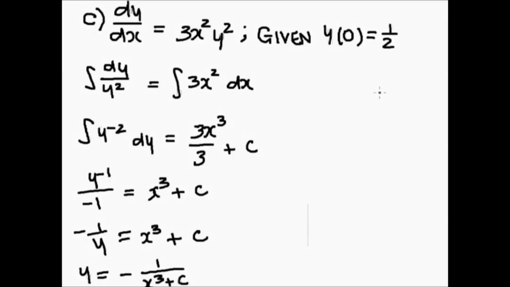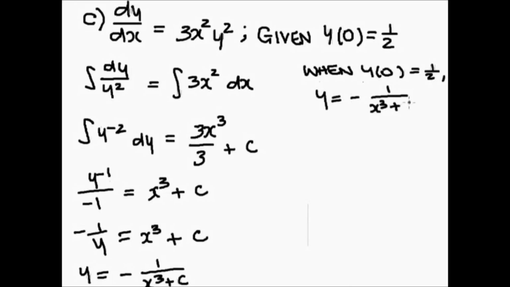So now that we have solved that, we can go ahead and solve the condition, which is when y of 0 equals half. So we can go ahead and sub all this value in. y equals negative 1 over x cubed plus c, which was done earlier on.